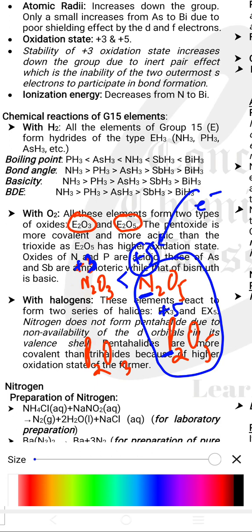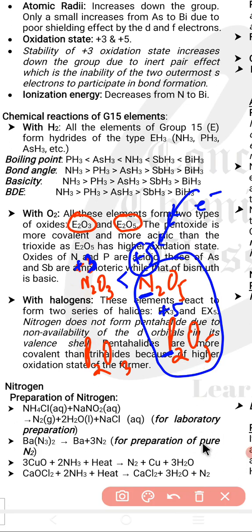Acid is that substance which can accept electrons, while base is that substance which can give out electrons. So N2O5 will be more covalent and more acidic than P2O5, right?